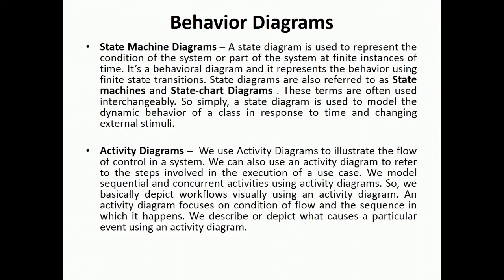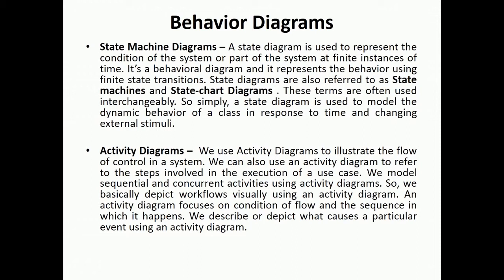The next diagram is activity diagrams. We use activity diagrams to illustrate the flow of control in a system. We can also use activity diagrams to refer to the steps involved in the execution of a use case. We model sequential and concurrent activities using activity diagrams.